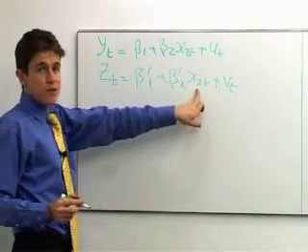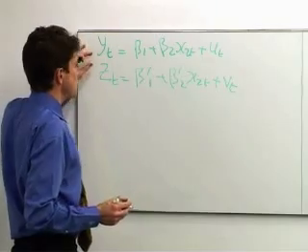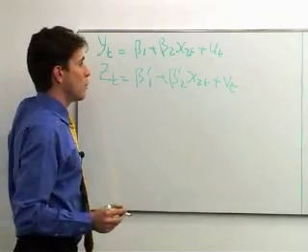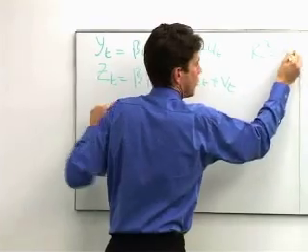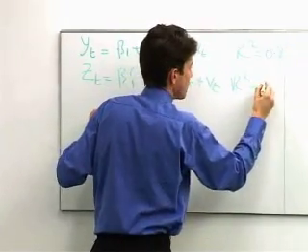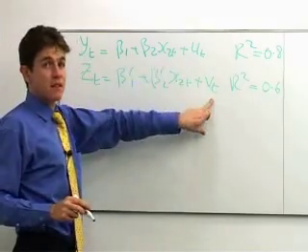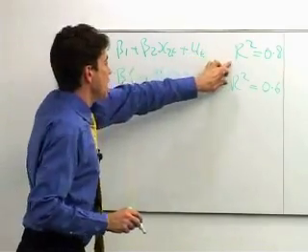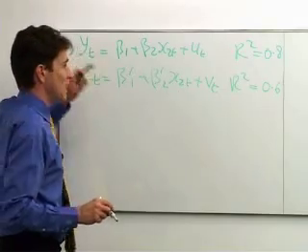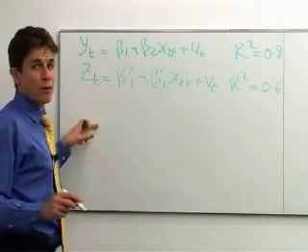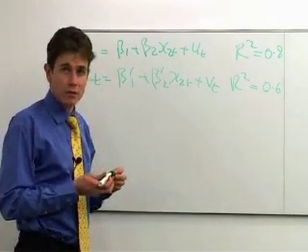Then obviously this explanatory variable is the same, but because the variable that we're trying to explain is different, we cannot compare r squareds across the 2 models. So if r squared for this regression was 0.8 and r squared for this second regression was 0.6, let's say, we couldn't say that the first model is better than the second one. All we could say is that the first model better explains the variability of y about its mean value than the second model explains the variability of z about its mean value. We can't make a direct comparison between the two models.